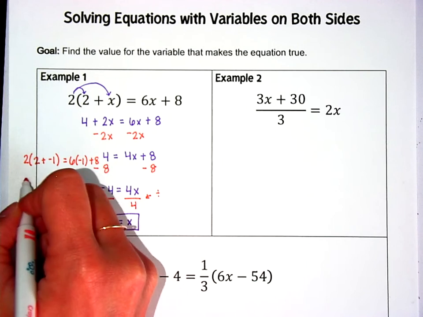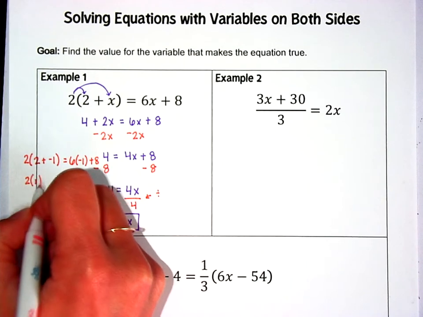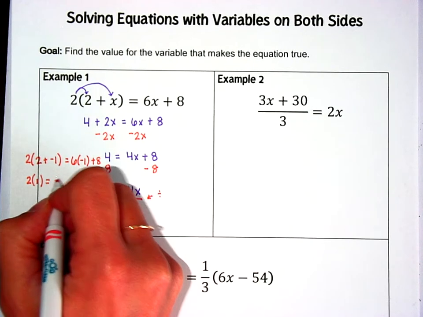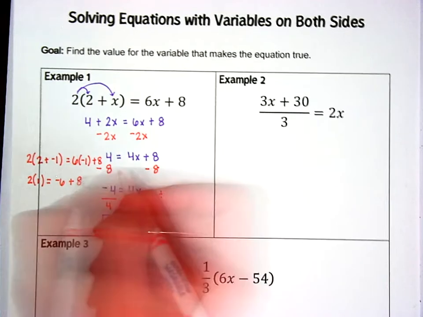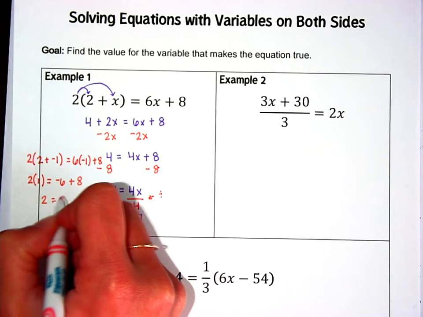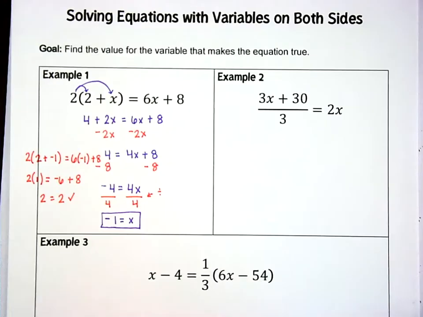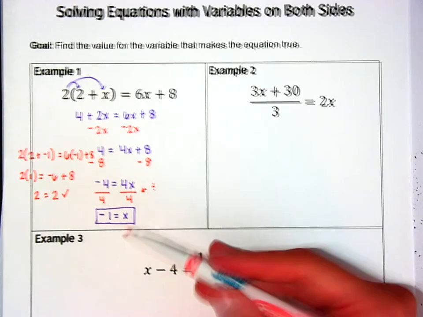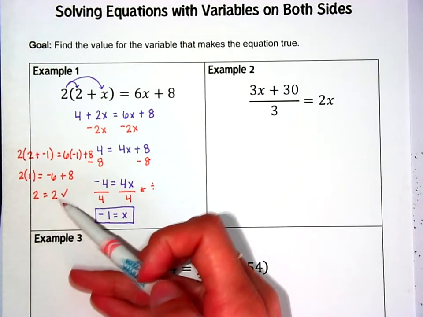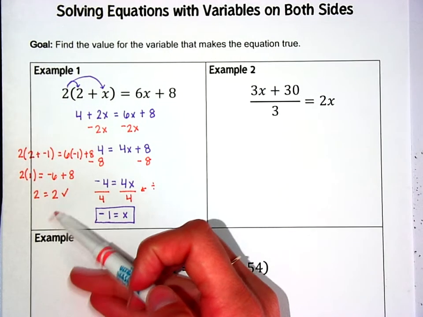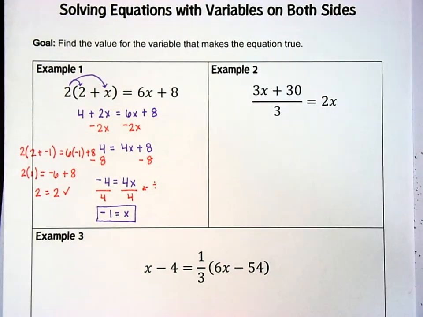And this would be 2 times 1 is equal to negative 6 plus 8, and we do in fact see that 2 is equal to 2. So because x equals negative 1 makes this equation true, we know that this is the correct solution for the equation.